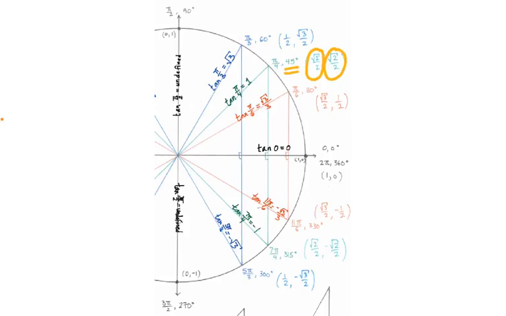So at 300 degrees, we can notice that the x-coordinate is 1/2. That means that cosine at 300 degrees will be 1/2. And then sine at 300 degrees will be negative square root 3 over 2. So I'll just run back and put those in place.